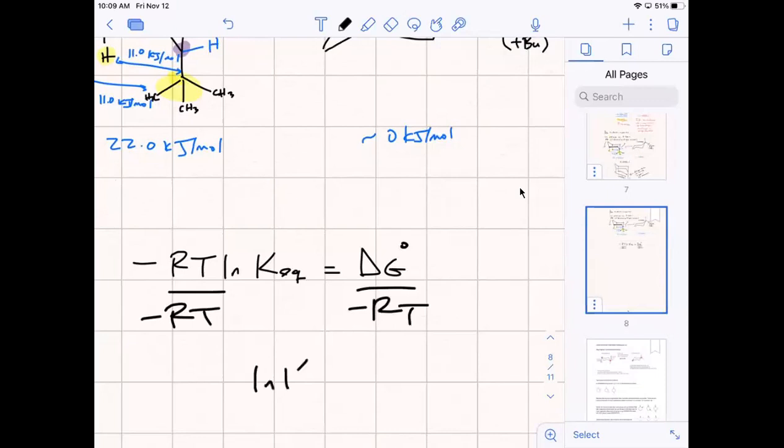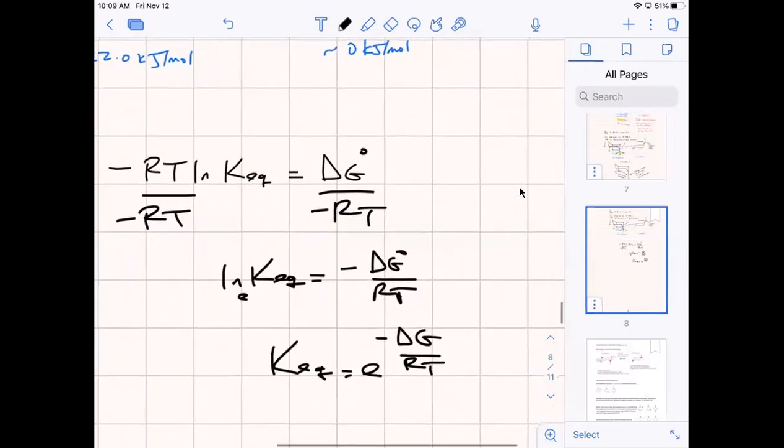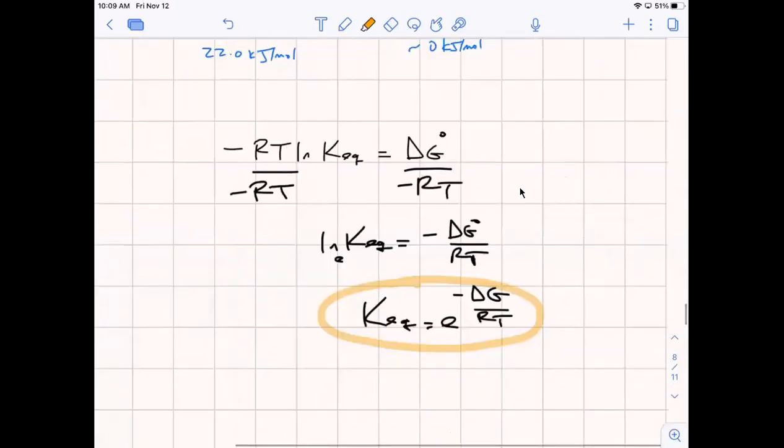So natural log KEQ equals minus delta G over RT. Then I want to get rid of the natural log, which is base e. So KEQ equals e to the minus delta G over RT. This is the equation I can use to find the ratio of the conformers.